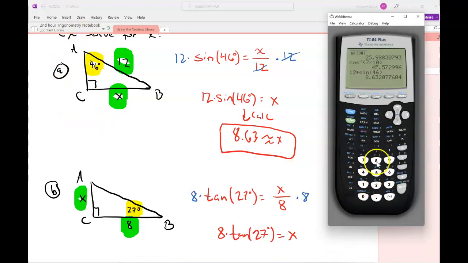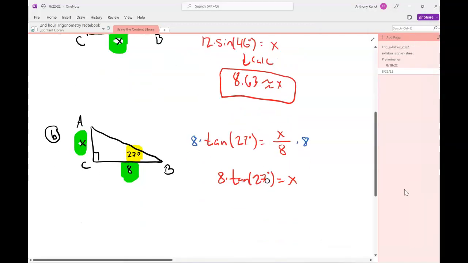And we just go to our calculator, type it in just like we see. Notice that the tangent is like 2 buttons above the 9. And if we round to the hundredth, we would write 4.08.